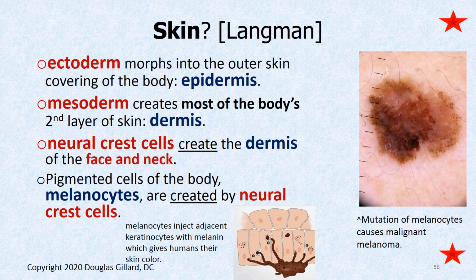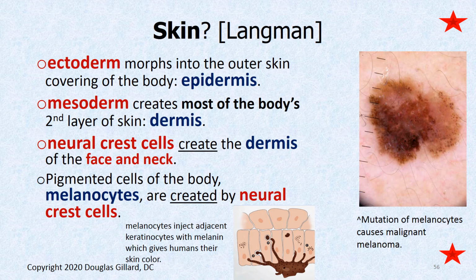The dermis, everywhere in your body, the dermis is created by mesoderm, either intermediate mesoderm or lateral plate mesoderm. And I don't think the boards are going to get that deep, but maybe they will. But we'll talk about lateral plate mesoderm and intermediate mesoderm and paraxial mesoderm in the next lecture.